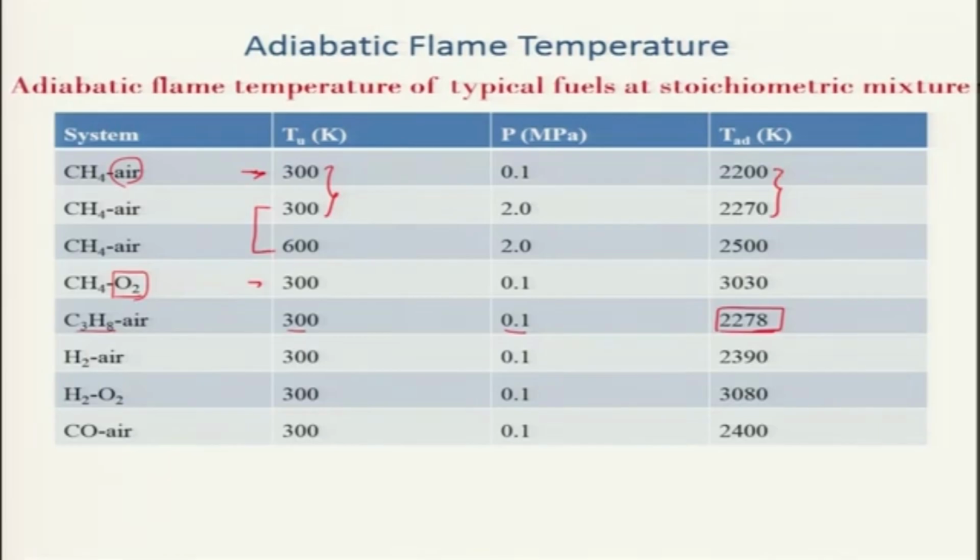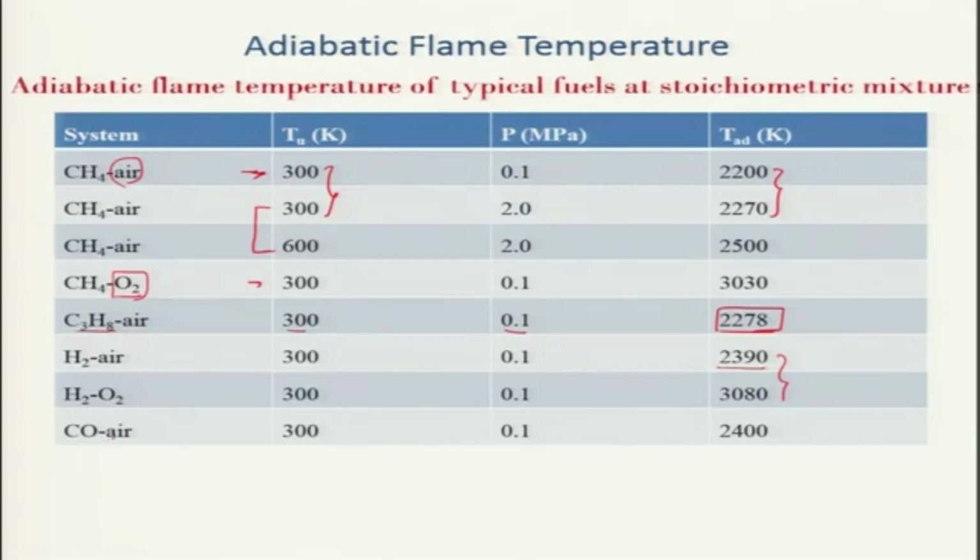Of course, the hydrogen air at 300 Kelvin, 0.1, its temperature is quite high. Generally, it is considered to be around 2400 Kelvin. And as we have already seen, when air is replaced by oxygen for the hydrogen fuel, again there will be an increase in temperature.